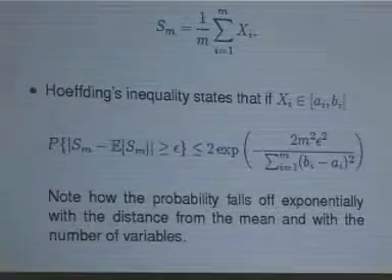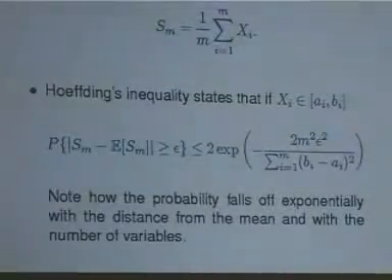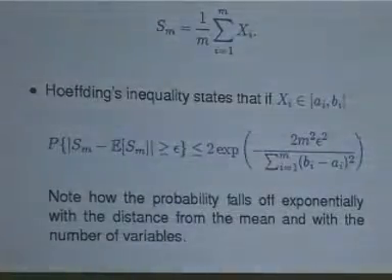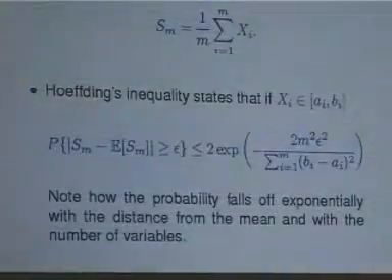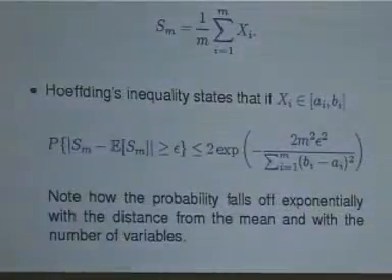And the inequality bounds the probability that a particular instantiation of this random variable Sm deviates. To compute Sm, we pick a random x1, a random x2, up to a random xm, we add them up and we divide by m and we get a value out. So imagine, one possibility would be you've got a one-dimensional input and you're just computing its mean.